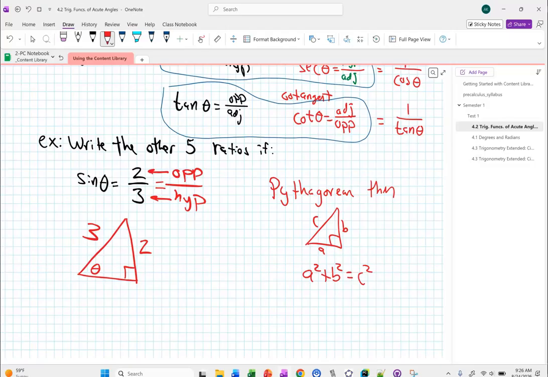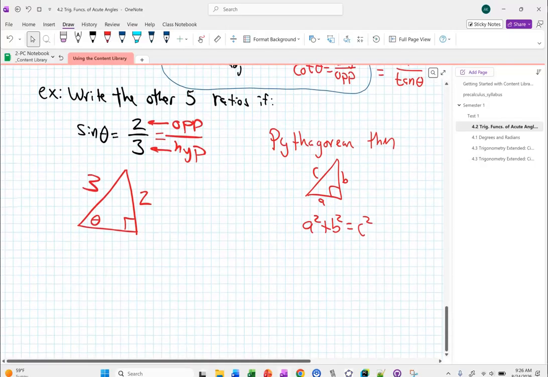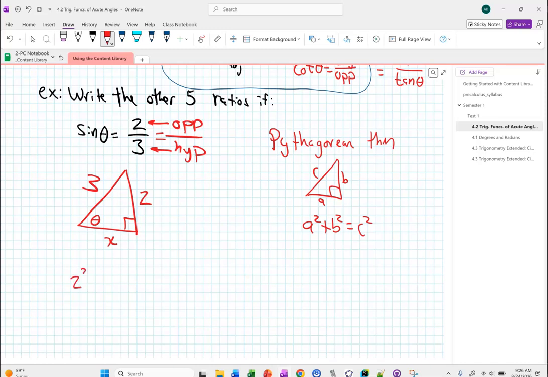We have to make sure that A and B are the legs of the triangle and C is the hypotenuse for the formula. So here I can say, let's just call this side X for the sake of giving it a name. So we can say 2 squared plus X squared is equal to 3 squared.